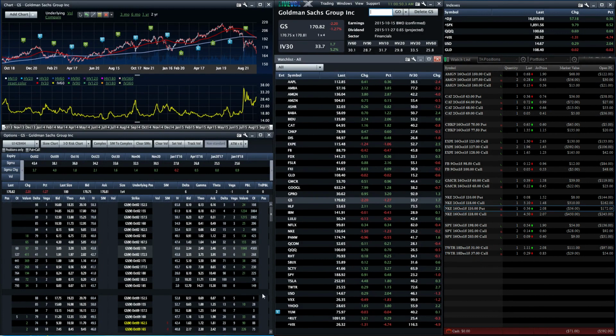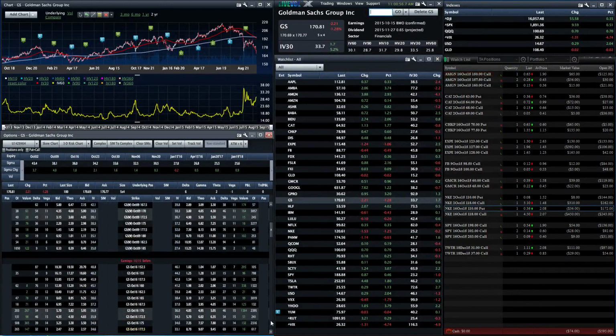GS, let's look at the 170 strike as being at the money here. Okay, 170 strike, trading about a 36 volatility, 36 and a half, but I just want to round it off.